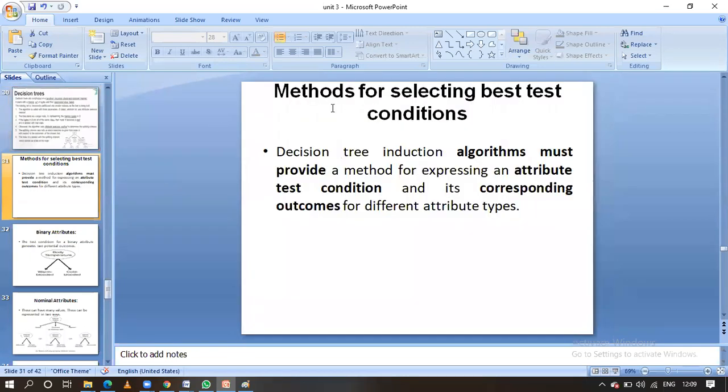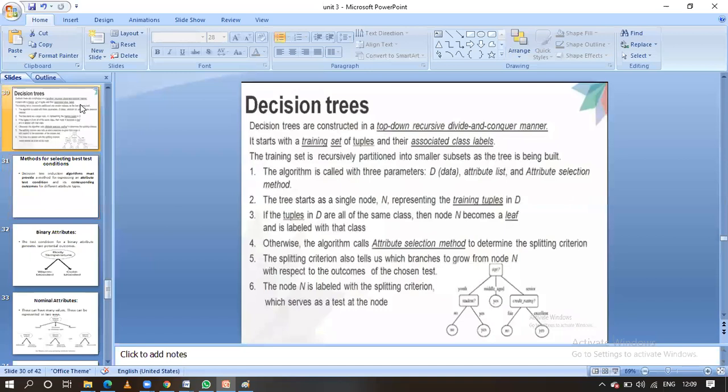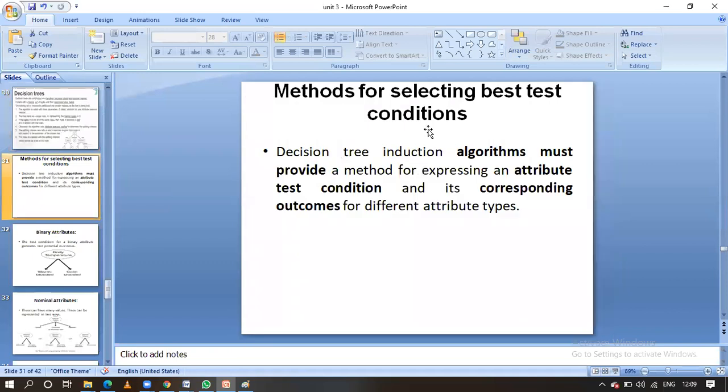Okay, guys, the next one is methods for selecting the best split condition. If anyone has not written this slide, they can ask me, guys. Otherwise I will continue. If you haven't written this one, just tell me. Methods for selecting the best split condition, guys.